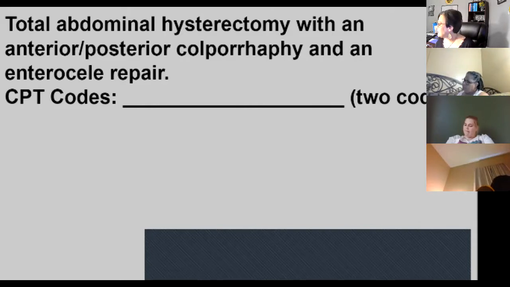Then underneath it says with enterocele repair. Is that what we're looking for? Yeah. Does everybody see that on page 1011? 57265. So now we have to go back to our tabular and double check that code. 57265.